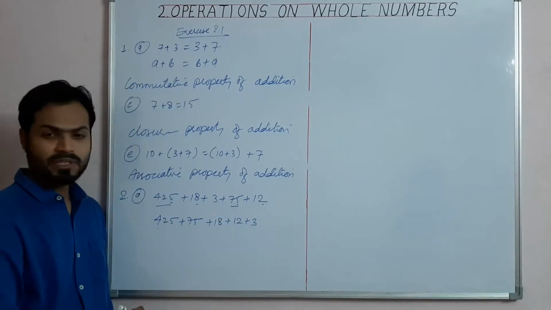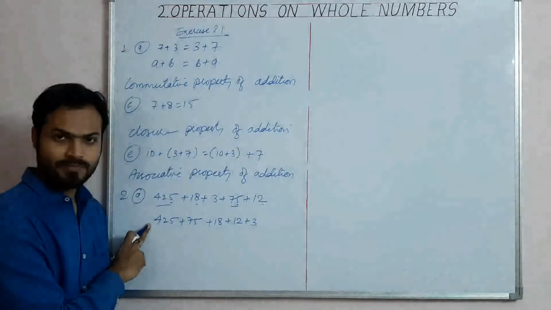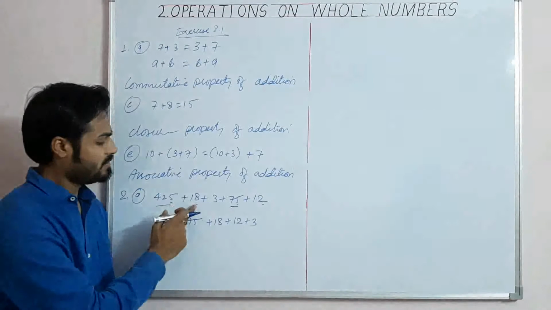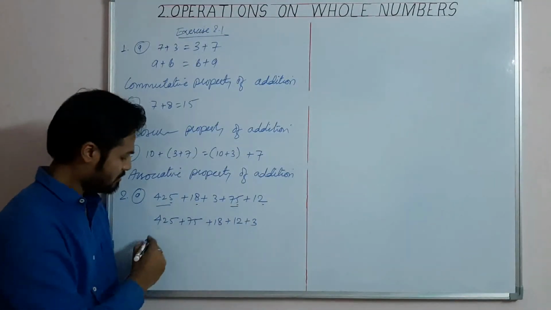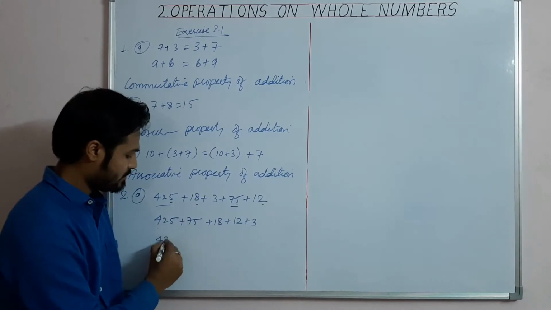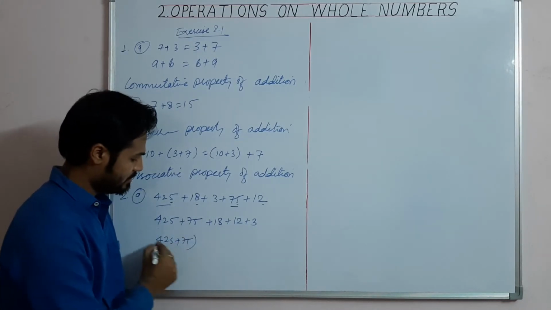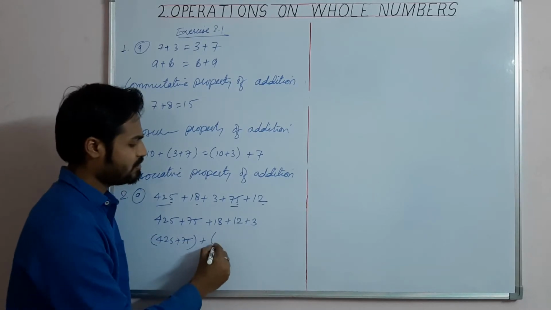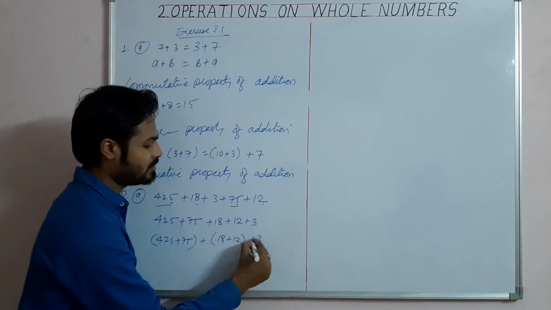So which property have we used? Here we are using the first property, the commutative property. We have changed the place of the numbers. Now grouping: 425 plus 75 is the first group, then the next group is 18 plus 12, and the third group is 3.